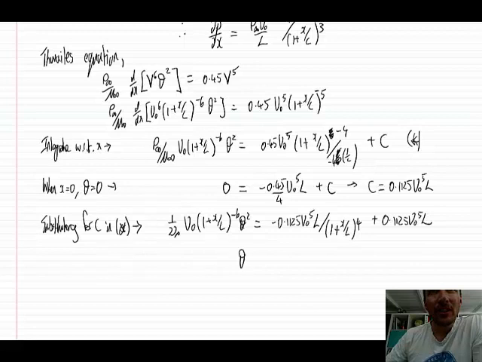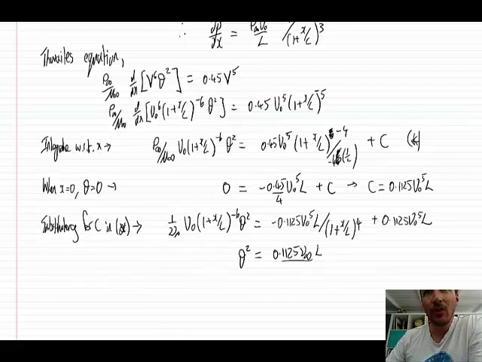Rearranging that gives us, we'll factor out the 0.1125, we'll bring the nu infinity up from the other side, L over, of course, so I've lost it to the power 6 here.